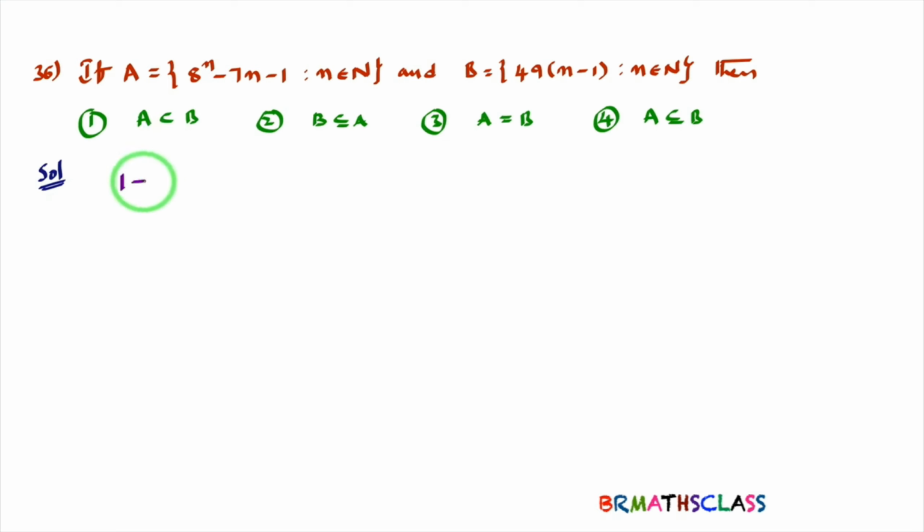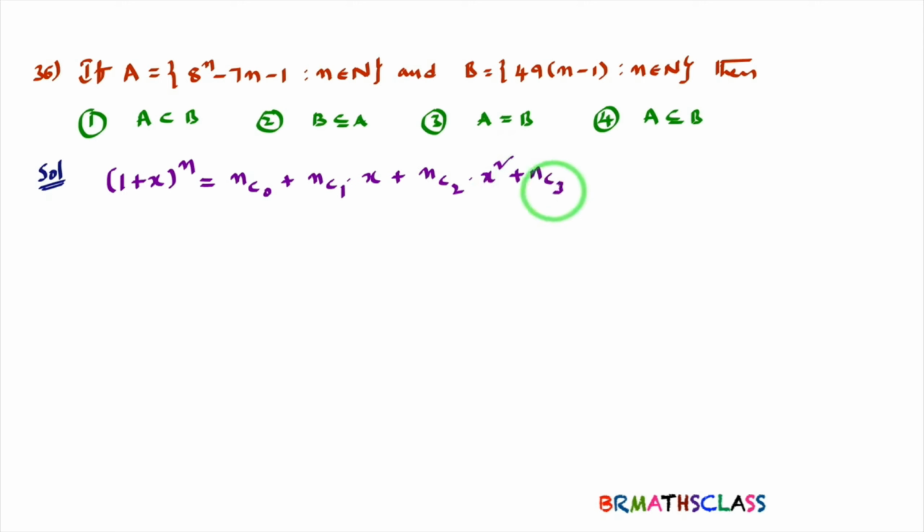What is that statement? (1 plus x) whole power n is nC0 plus nC1 into x plus nC2 into x square plus nC3 into x cube plus and so on plus nCn into x power n. This is the statement we have from the binomial theorem. How do we use the binomial theorem in this problem?